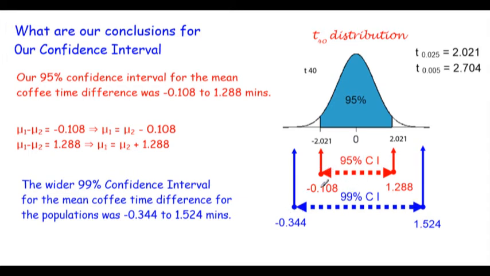You can see here I put in the boundaries minus 0.108 and 1.288 for the 95% confidence interval, and for the 99% confidence interval it's minus 0.344 up to 1.524, and you need the statistics tables and the t-distribution to get these values here.